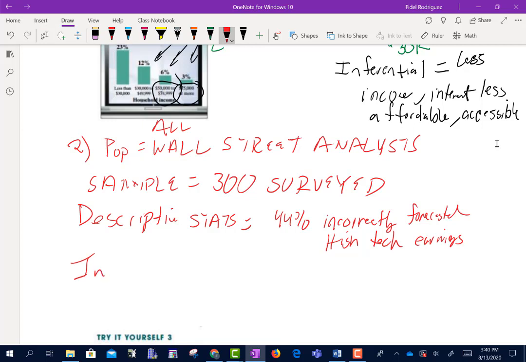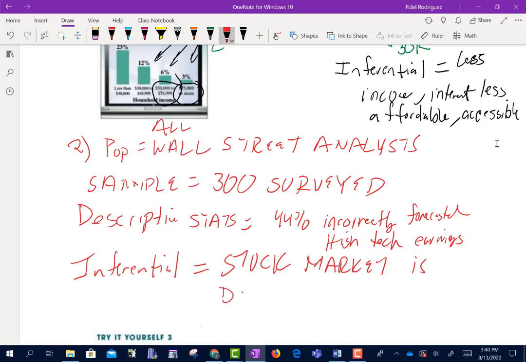My inferential: that the stock market is difficult to predict. Why? Because you have these Wall Street analysts, and you took 300 of them, and even then, 44%, almost half, guessed wrong.